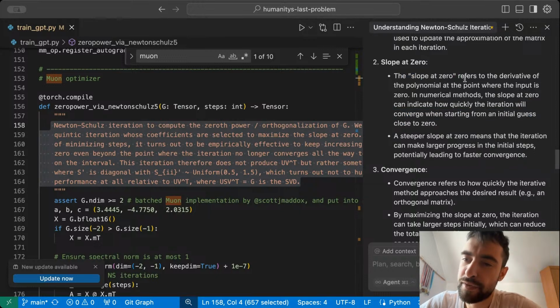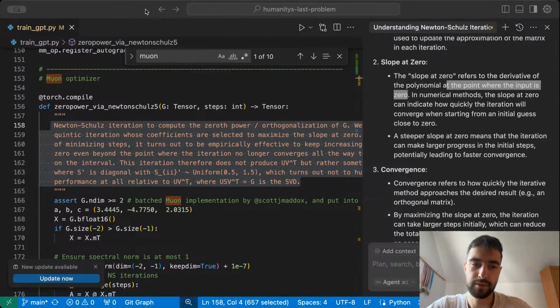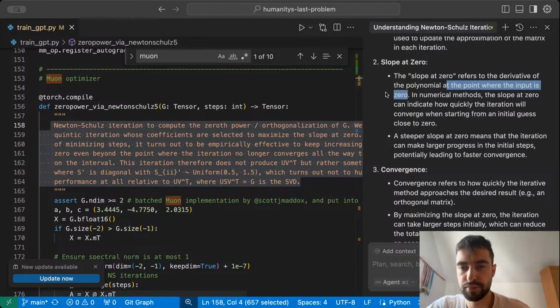Slope at 0 refers to the derivative of the polynomial at the point where the input is 0. So weird. The derivative of the polynomial.